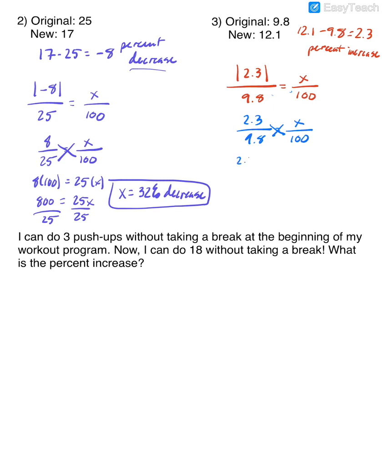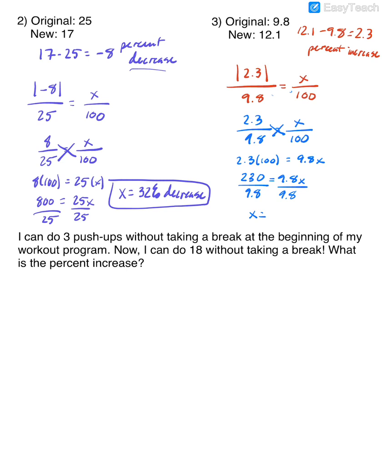So 2.3 times 100, 9.8 times x. 2.3 times 100 would be 230. And then I want to divide by 9.8.